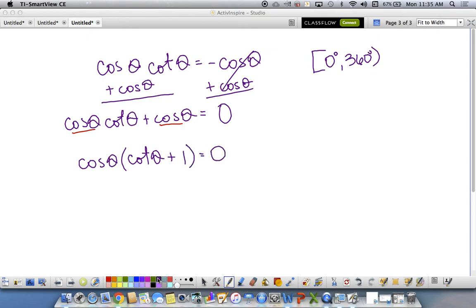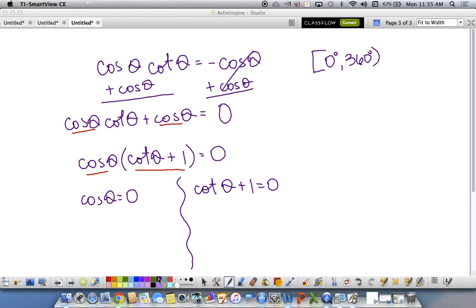Now, anytime you have 2 pieces multiplied together, you can set them both equal to 0. So when does cosine theta equal 0? And I kind of was doing this on my paper to say there's 2 different things going on. And what does cotangent theta plus 1 equal 0? There's 2 problems that we need to solve now.